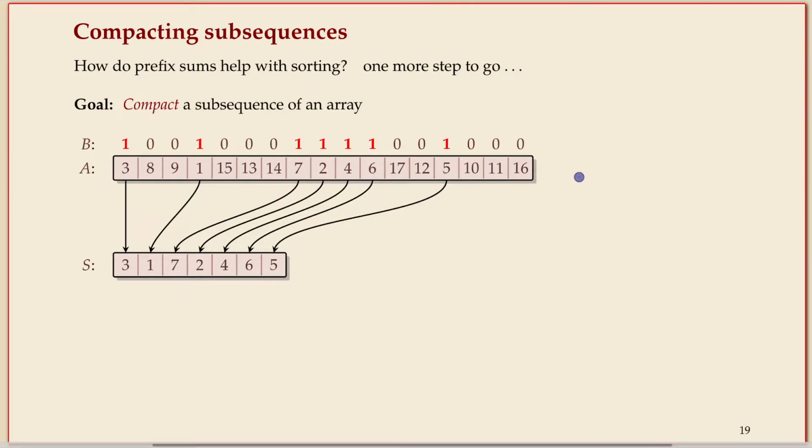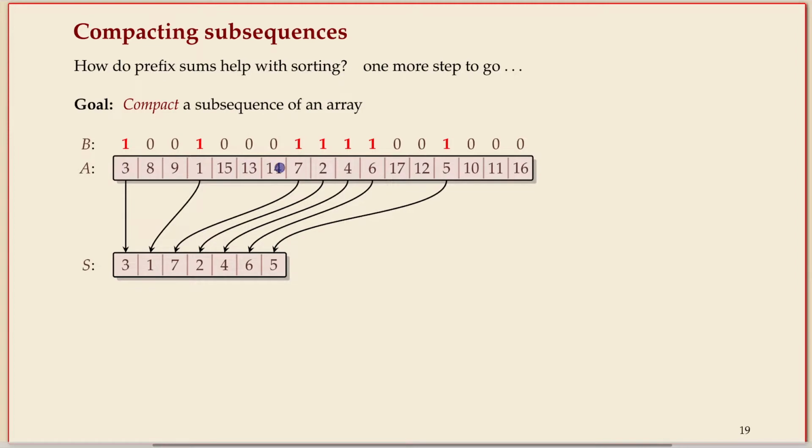We'll always have arrays of numbers, but we have a second array that tells us some of the elements are not interesting. I'm only interested in the elements that have a 1. And the ones with a 0, I'd like to not have there. So I'd like to copy out only the elements that have a 1 above them. We call that compacting a subsequence from an array.